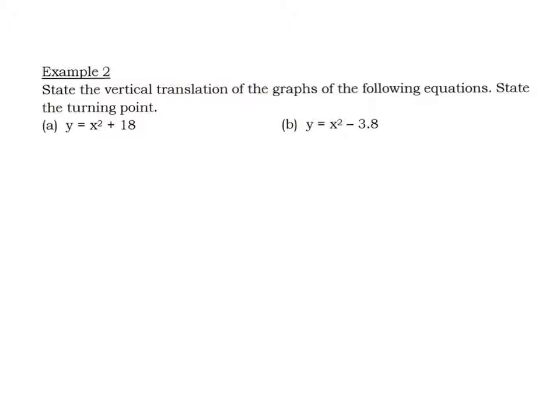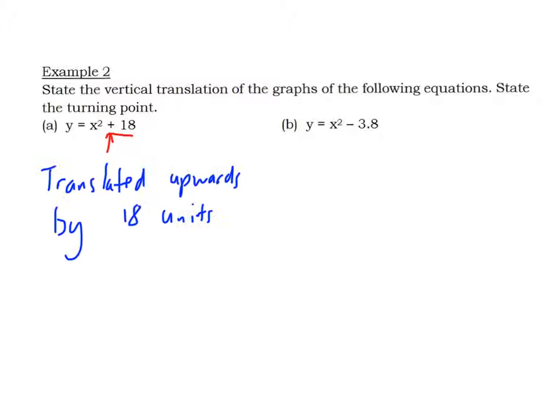Example 2. State the vertical translation of the graphs of the following equations and state the turning point. So the first one has been translated upwards because it's positive, and it's been translated 18 units up. And so the turning point, instead of being 0, 0, has been moved 18 units up.